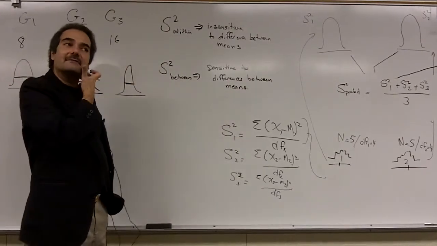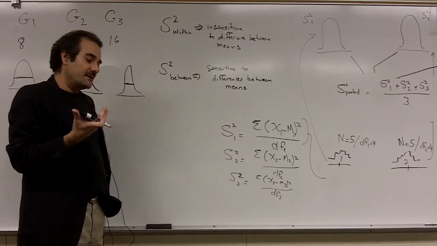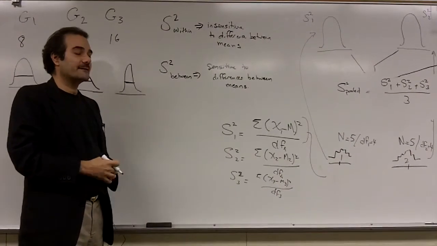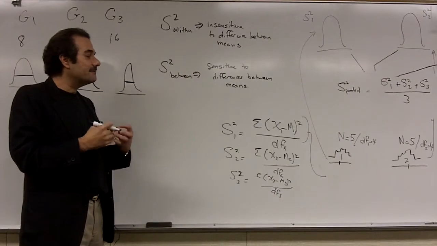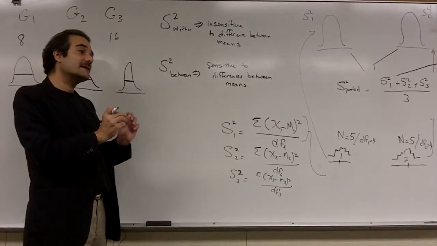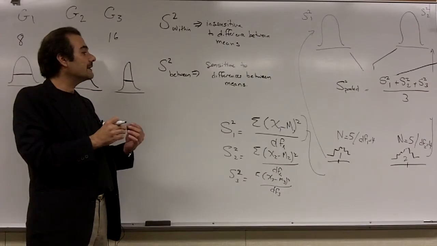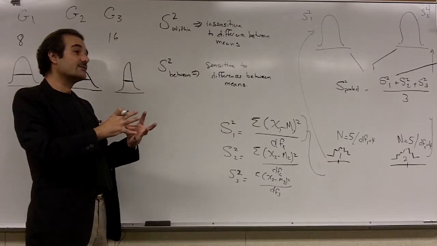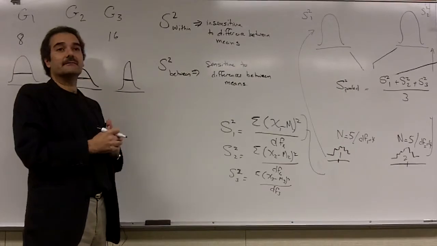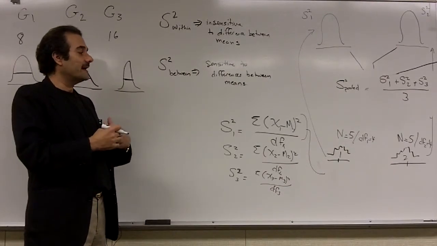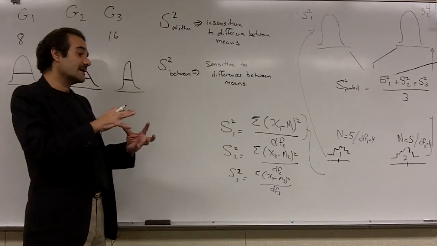To explain what that means, sensitive to differences between means, let me again reiterate. It means that if the means start to differ, if the means are different, then the variance will grow. It'll become bigger and bigger. That's what sensitive to differences between means means. If the means differ, the variance starts to increase.